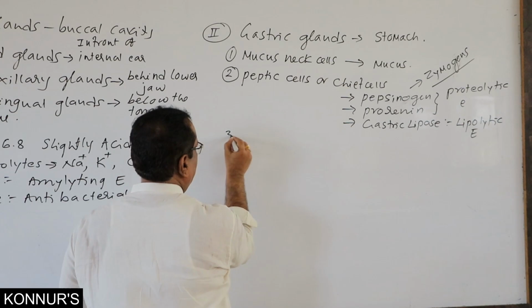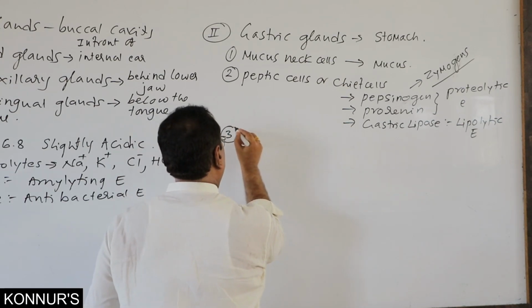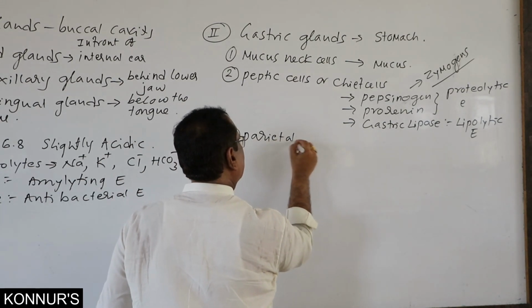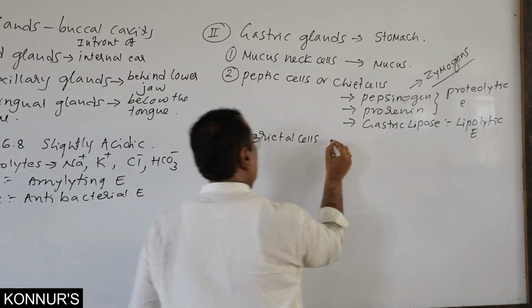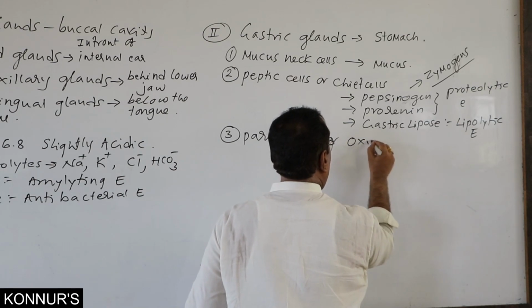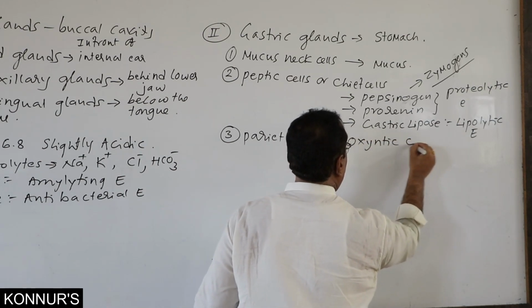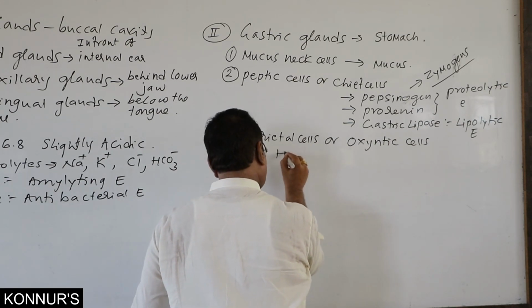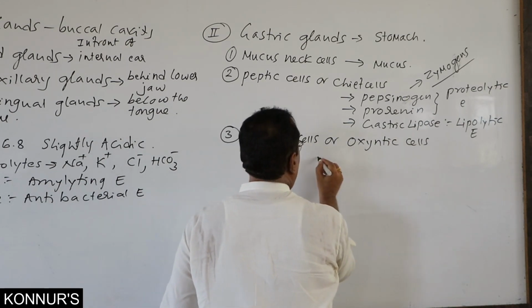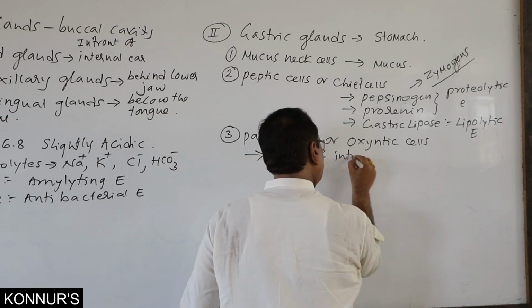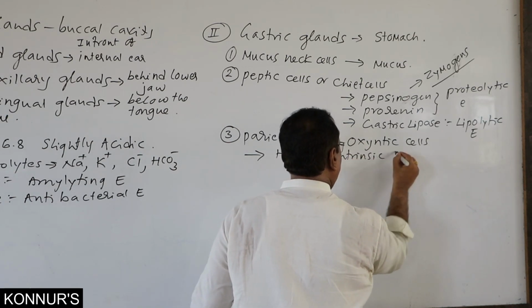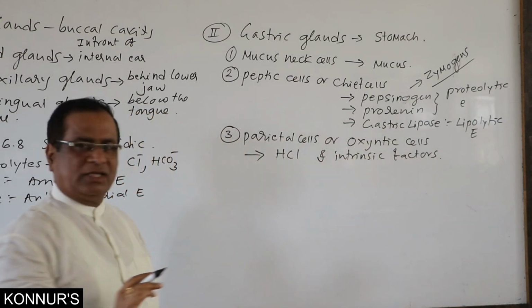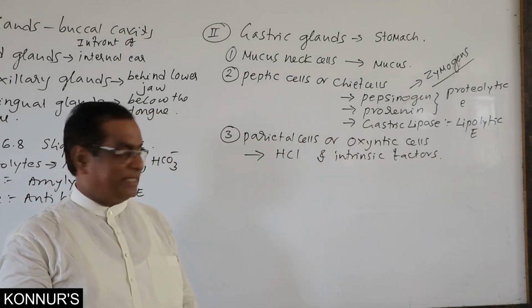And next is parietal cells or oncocytic cells. They are meant for the production of HCl and also intrinsic factor. Parietal cells or oncocytic cells.